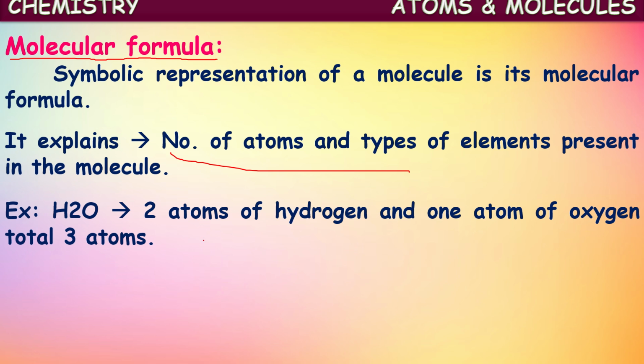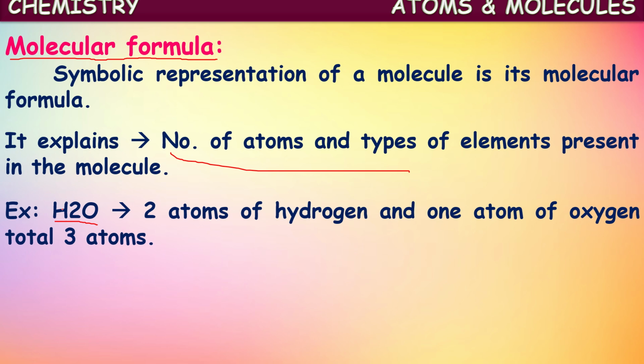See here, example H2O. What is the meaning of H2O? Here we are getting two kinds of information: types of elements and atoms of each element. Here the types of elements are what? Oxygen and hydrogen. Two types of elements are present in this water molecule. And what number of atoms of each element is present, that also we are getting.